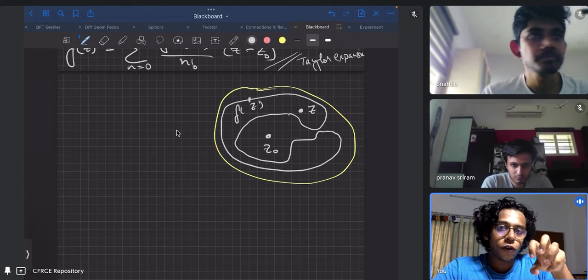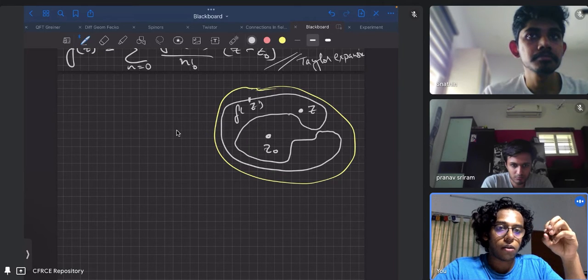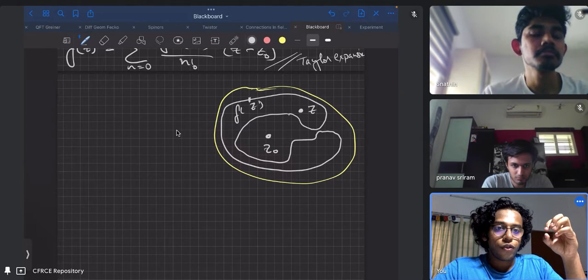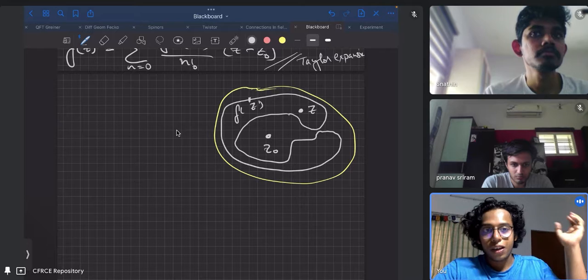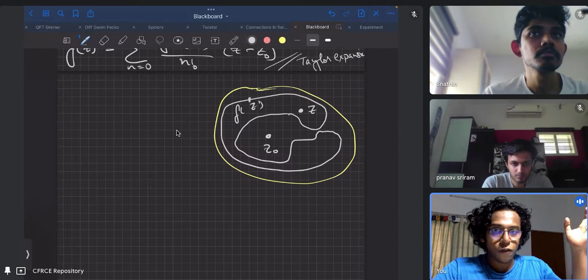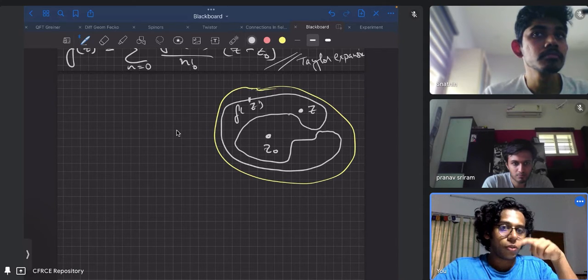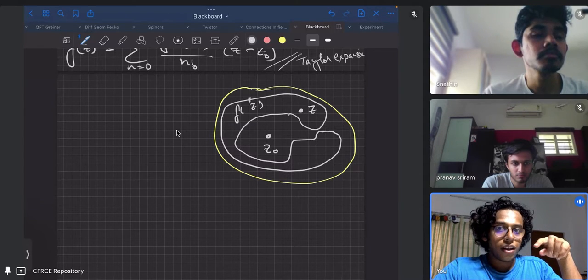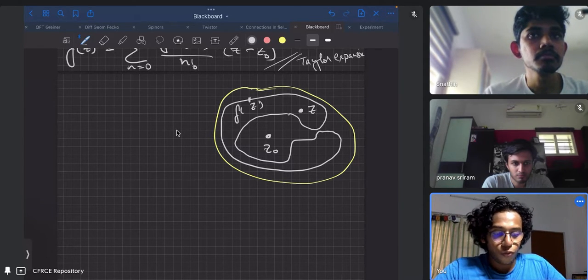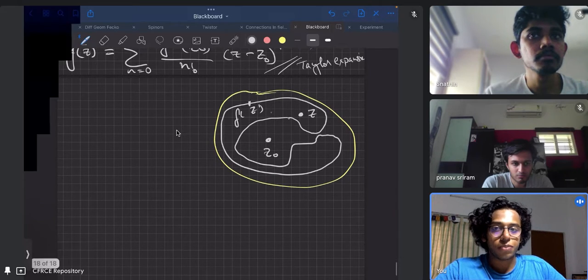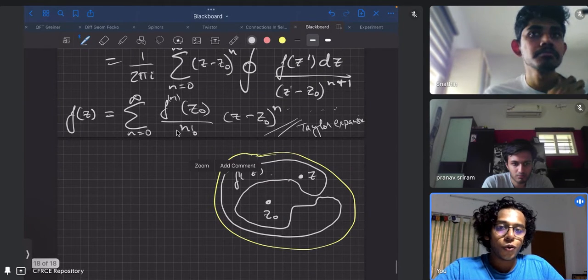So your contour is actually given by z prime. So you reduce the role of z prime to just defining the contour, to be able to take this particular expansion. So that's how you write it.